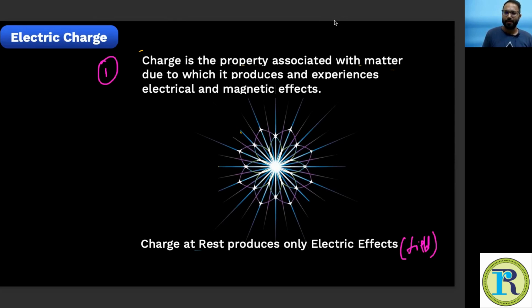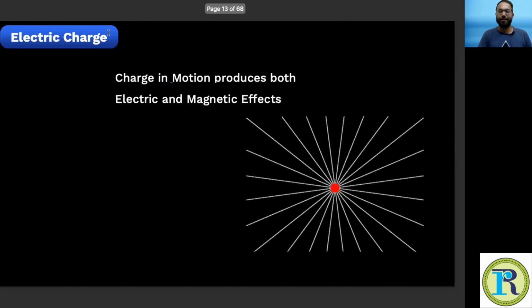Right now we are just saying that when the charge is at rest, it will produce an electric field. When it moves, it will produce an electric field plus a magnetic field. We are saying this very casually, but later you will get to know it's a big chapter, magnetic field.